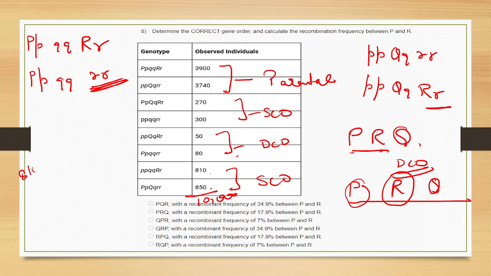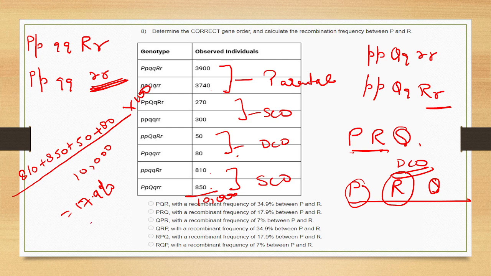Simply 810 plus 850 plus 50 plus 80 upon total, which is 10,000, into 100, which will come out to be 17.9%. So like this, questions of 3-point test cross can be solved.